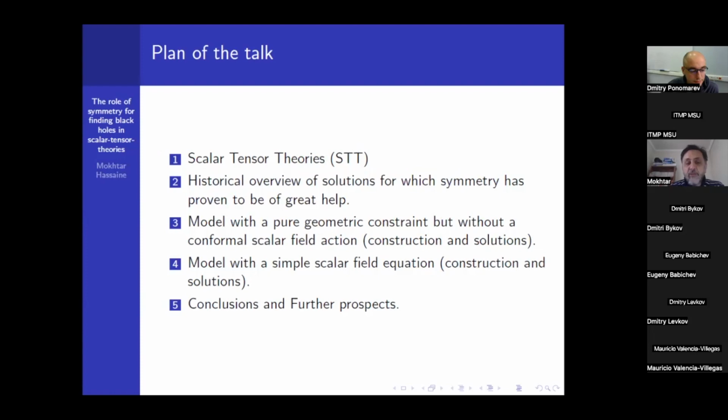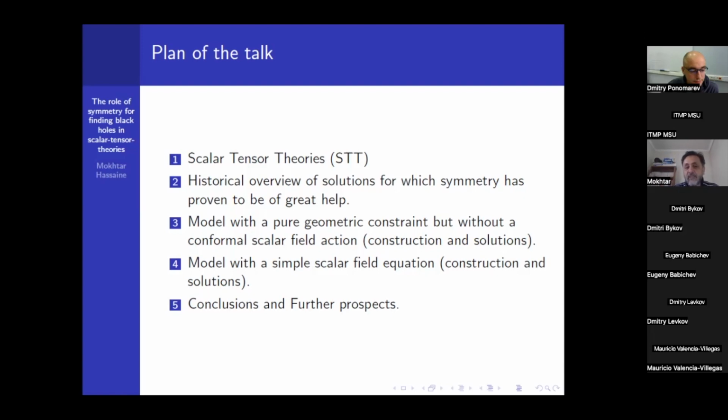Then, in the second part, I will give a historical overview of solutions of scalar-tensor theory for which symmetry has been proved to be of great help to find analytic, explicit solutions, to say it in other words.